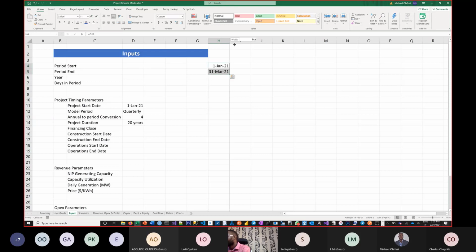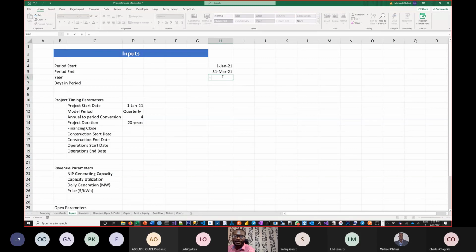So what year is that in? Let's just use the year of the end of the period. And the days in the period is going to be equal to the end minus the start plus 1, because it's inclusive of that start, so I have to add back that one.